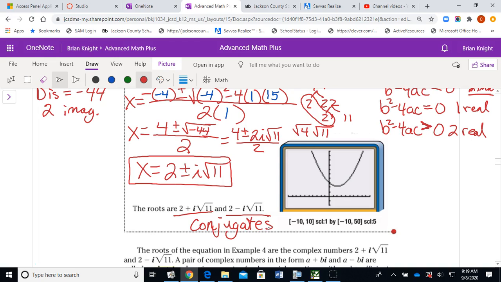So if I tell you, hey, one solution to that is 6i, without even me telling you, you should know another solution is what? Negative 6i. Okay? It always works like that. If one solution is 5 minus 2i, there's another one that's 5 what? Plus 2i. Does everybody understand that? They always come in pairs.